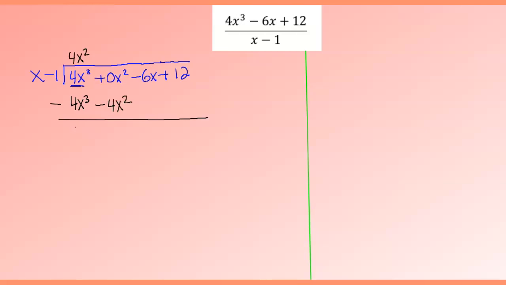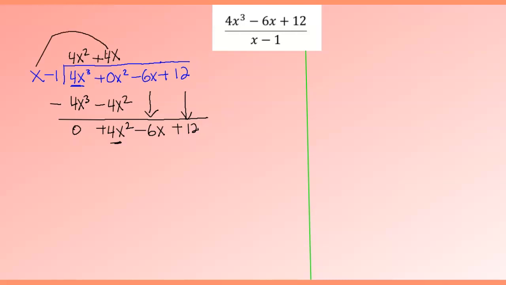We're going to subtract, okay, 0, we subtract this. Here it will turn into positive because of this negative and negative. So we will get positive 4x squared. We drop down our negative 6x and plus 12. We want to eliminate this. We compare with this one. It's missing 4x, so we put it here.